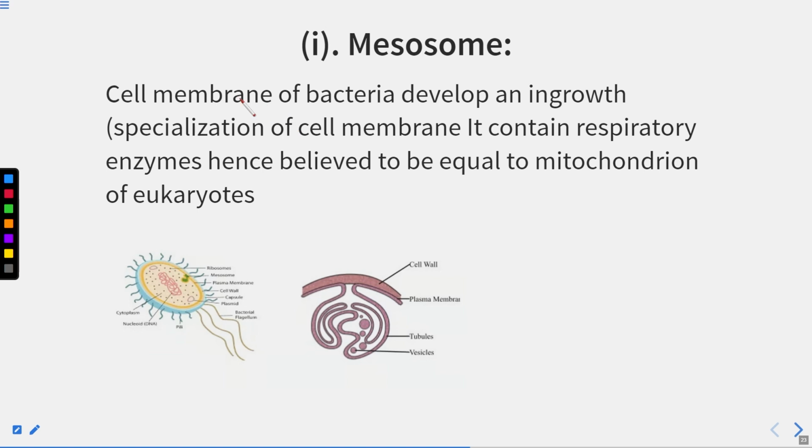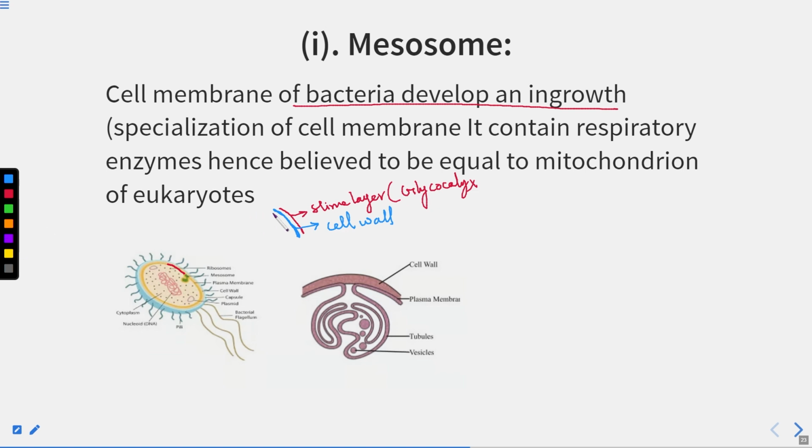The first one is the cell membrane of bacteria developing an ingrowth. At some places the membrane, as you all know, the outermost is the slime layer, that is a type of glycocalyx, right? Then comes the cell wall. Here we can see this cell wall structure, right?